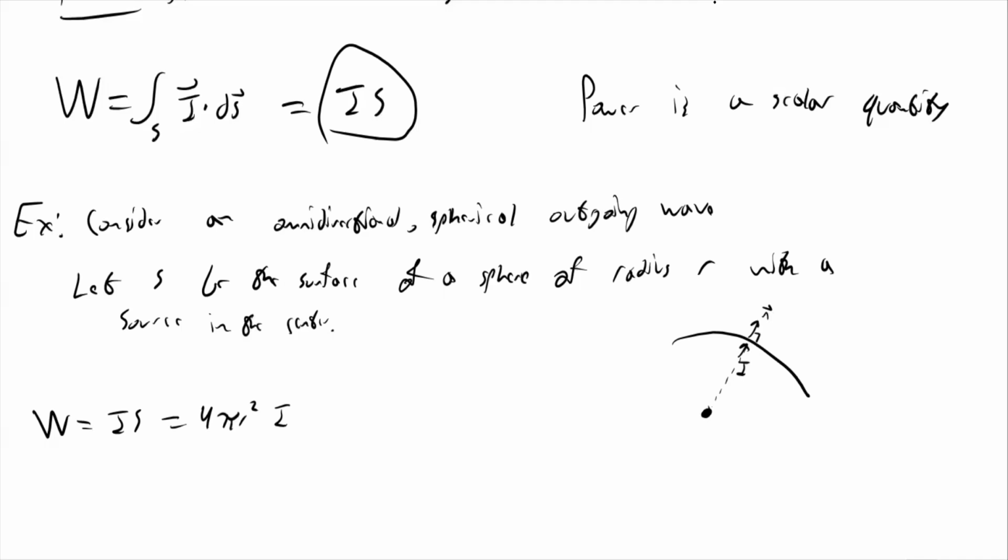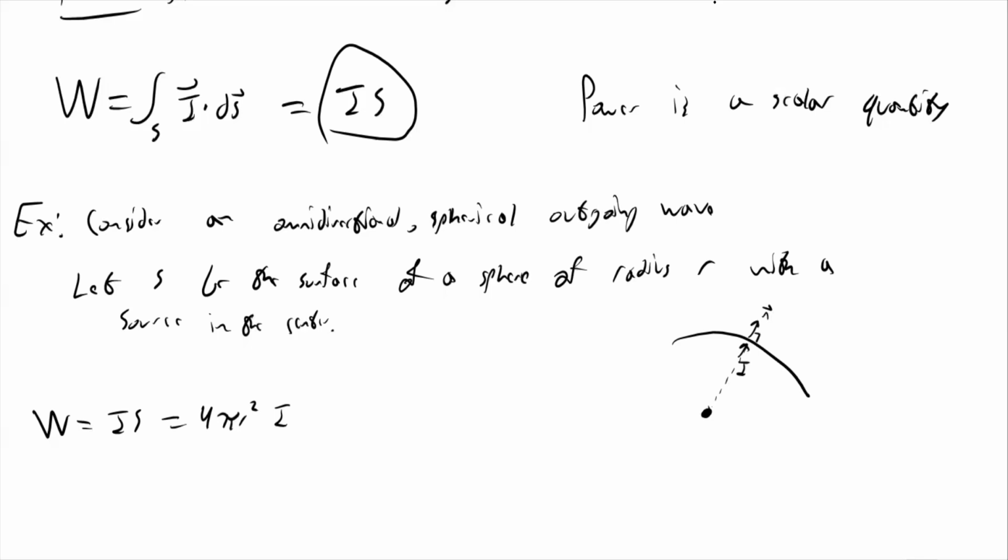So I want to mention before the video is over that if we're looking at a lossless medium, it turns out that the power generated by the source is actually undiminished after the wave has been transmitted some arbitrary distance r.